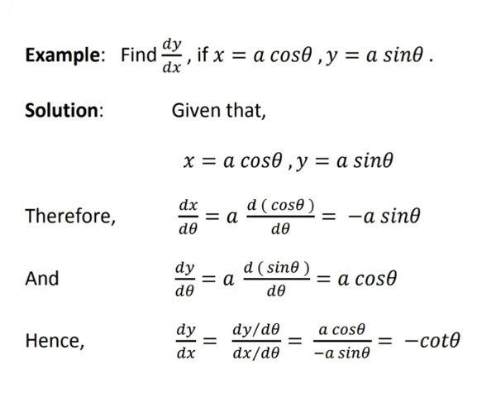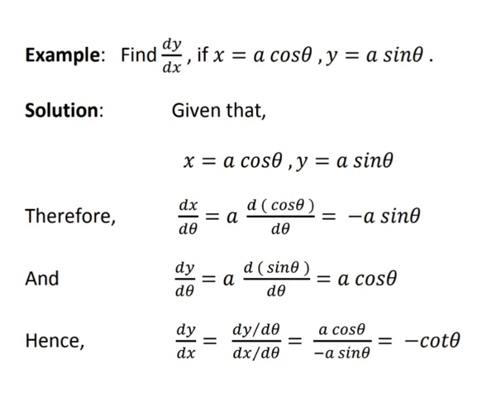So how do you find the derivative of y with respect to x? First, we differentiate x with respect to theta because we know that x changes only when theta changes. And we differentiate y with respect to theta because we know that y changes only when theta changes.